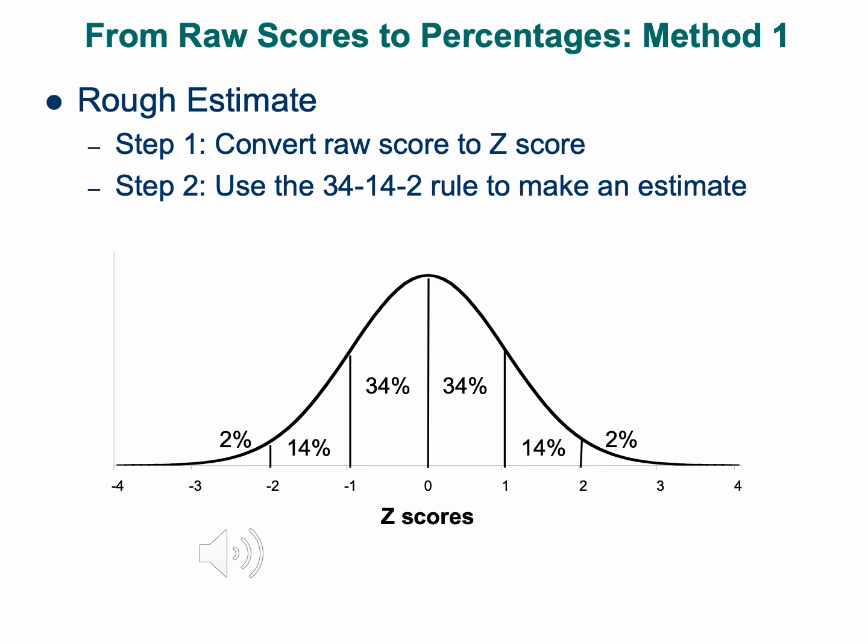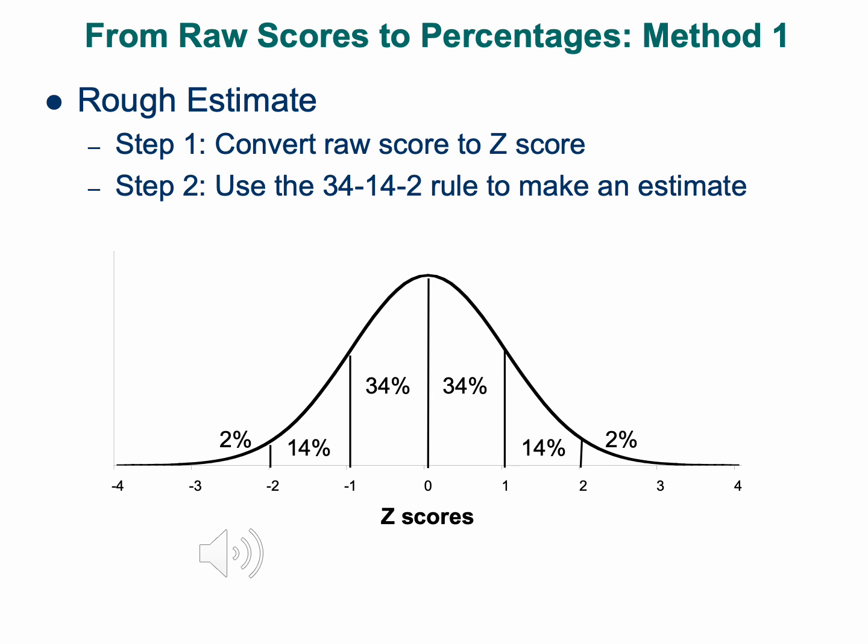Again, go to the curve here. We notice that between 0 and 1 is 34%. But then we've got to add 50% for the remainder of the curve that's below the mean. So we take 50 plus 34, and we get 84%. So an SAT score of 600 corresponds to the 84th percentile.